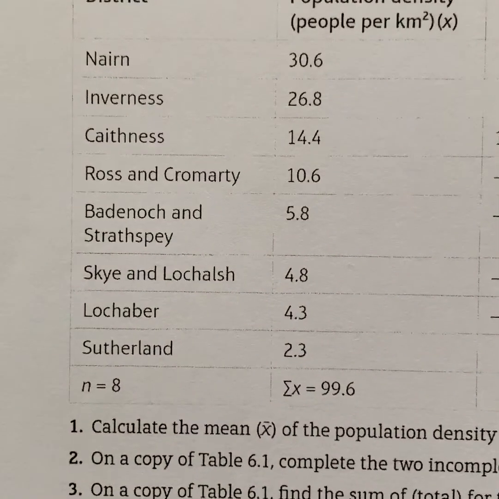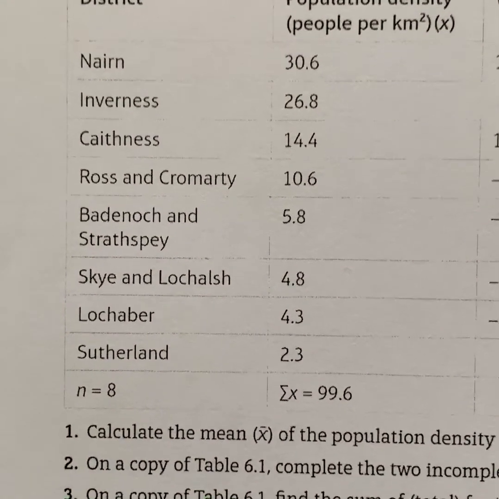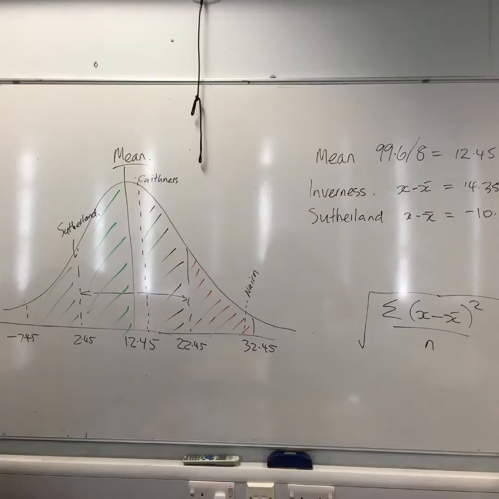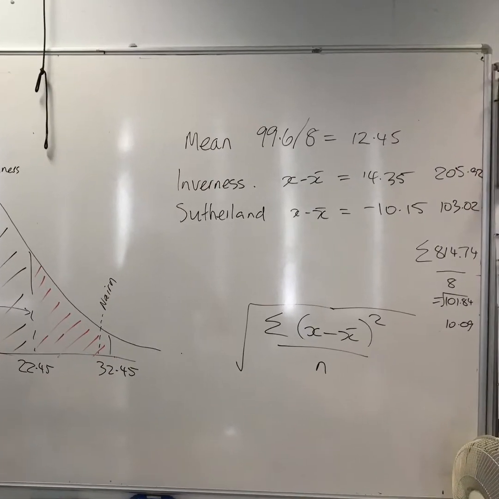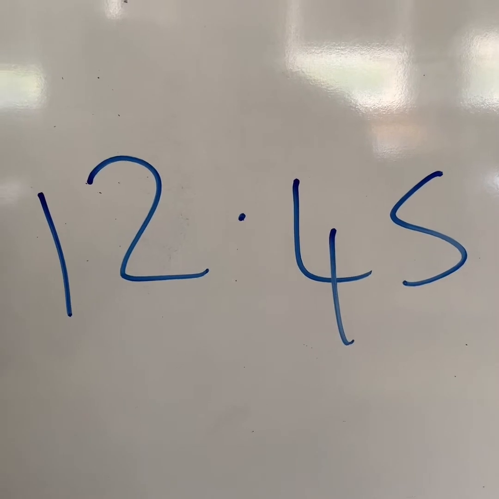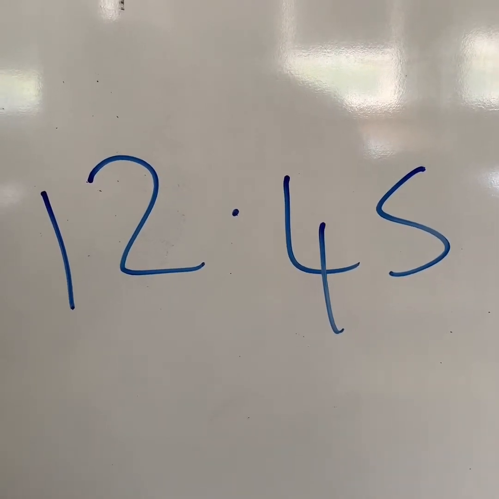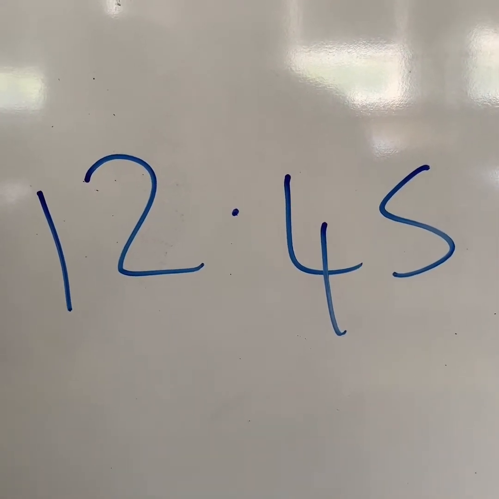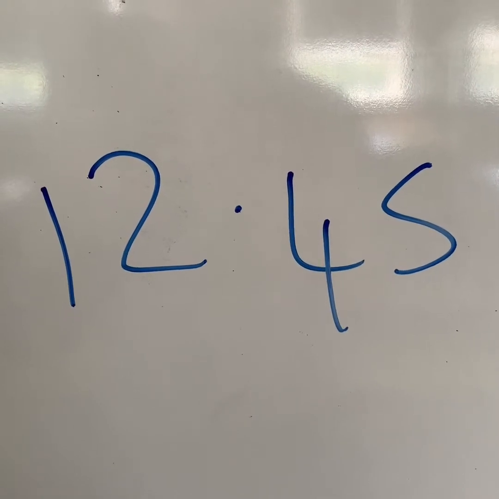And we need to divide 99.6 by 8. So what that's going to give us is a total of 12.45. So that becomes our mean of the whole data set. So our 12.45 becomes a really important figure because that's how we're going to work out the other values.